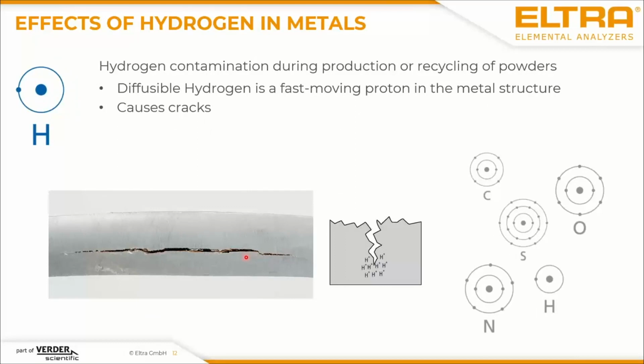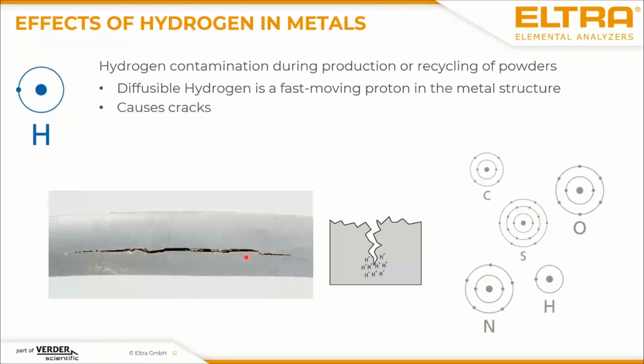It's a very small atom, and diffusible hydrogen is actually only a fast-moving proton in the metal structure. Still, it has an effect, and it may cause cracks. It happens from time to time that car producers have big campaigns where they warn the customers and take back cars to change certain parts because it shows that there's a too high hydrogen contamination in some kind of material.